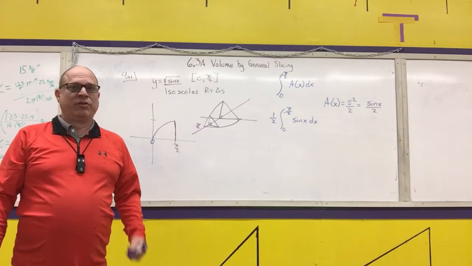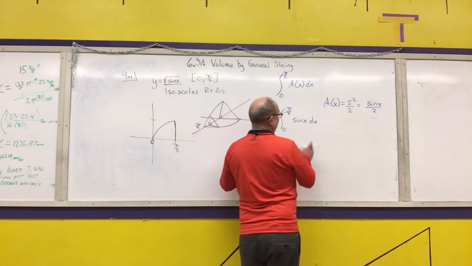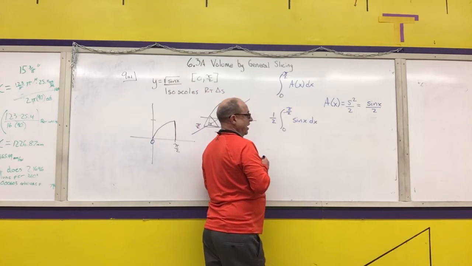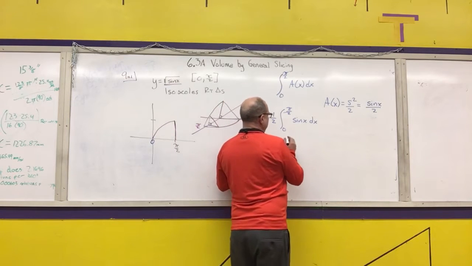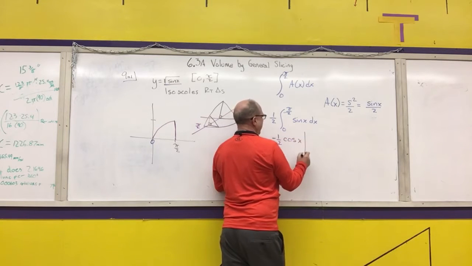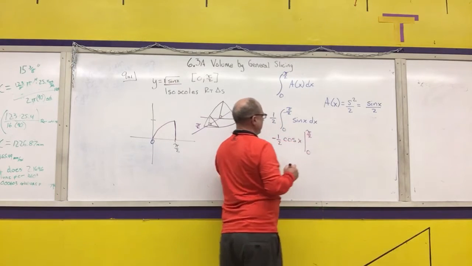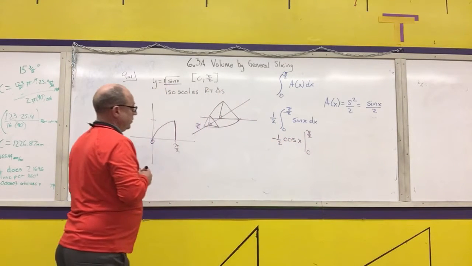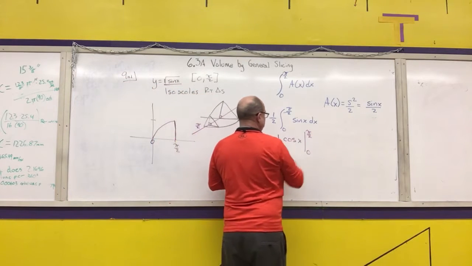So what is the integral of the sine of x? Or what function has its derivative as the sine of x? That would be negative cosine of x. So I'm going to have a negative 1/2 cosine of x evaluated between 0 and pi halves. So I need to evaluate it at its upper limit.